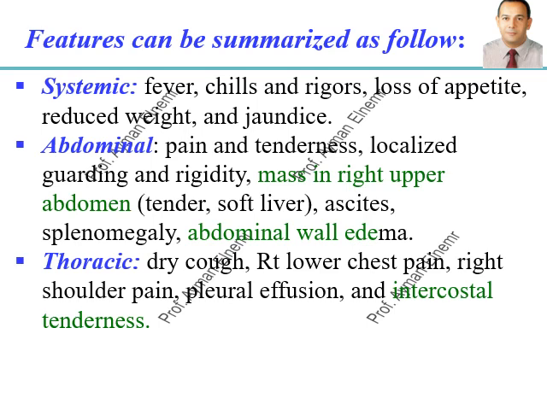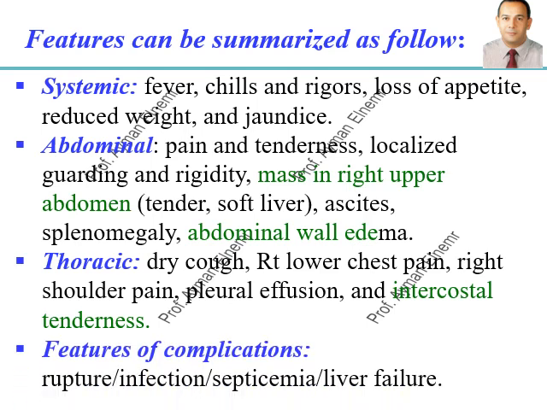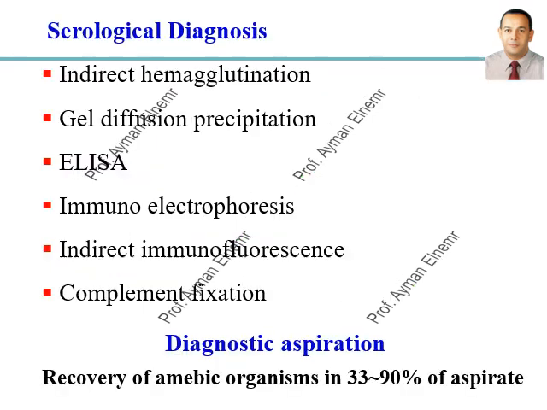Thoracic features like dry cough, right lower chest pain, right shoulder pain, pleural effusion, and intercostal tenderness. Or features of complications like rupture, infection, septicemia, liver failure.